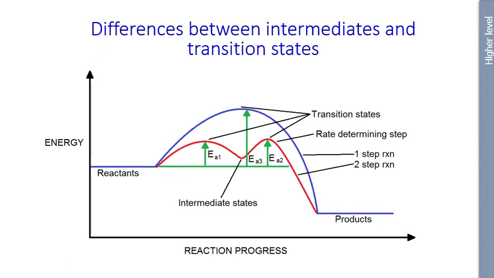If we look at the energy reaction progress diagram, which will become more important as we look at organic chemistry, you can see the differences between intermediates and transition states. You can see here that the intermediate states are at energy minima, and these transition states are at energy maxima.